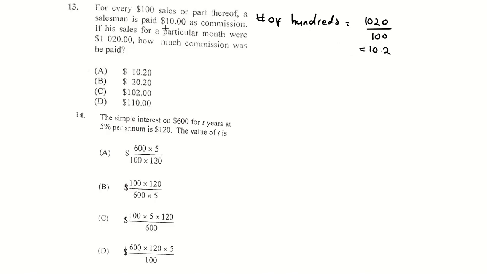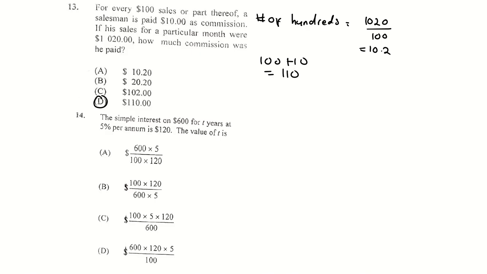Now he's being paid $10 for each hundred, so 10 by 10 is 100. And then he's also being paid an extra $10 for the part thereof, because 0.2 is part of 100, so you have to add 10 there. So he's being paid $110. So the answer would be D.